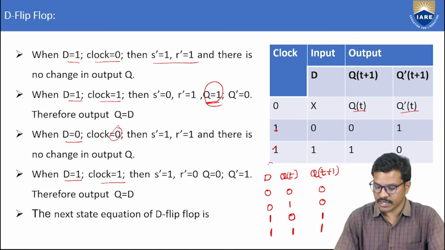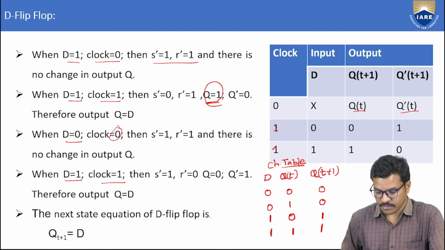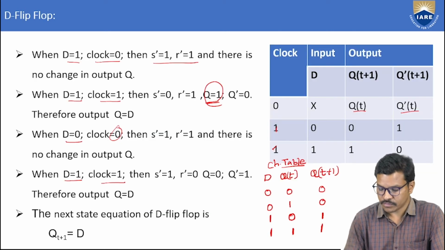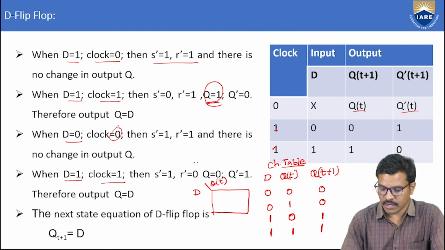So how can we get this characteristic? This is the characteristic table. From this characteristic table, we will get a characteristic equation. If you take the K-map, here we have only a two-variable K-map because there are two inputs, D and the present state Qt. So we want to get this Qt plus 1 equation.